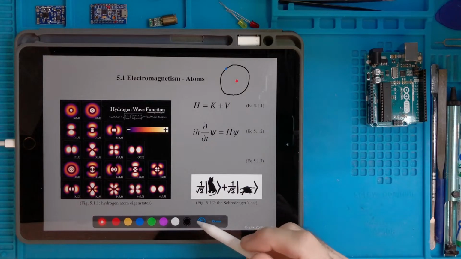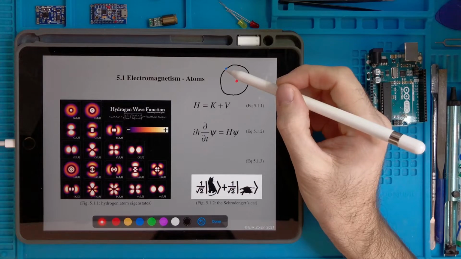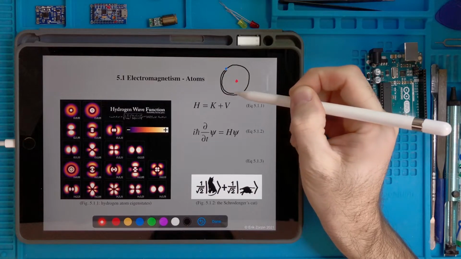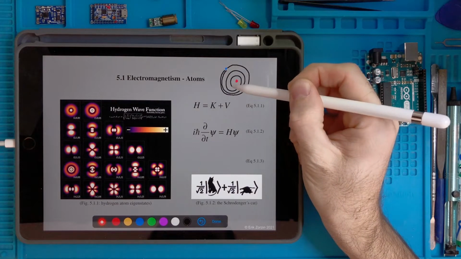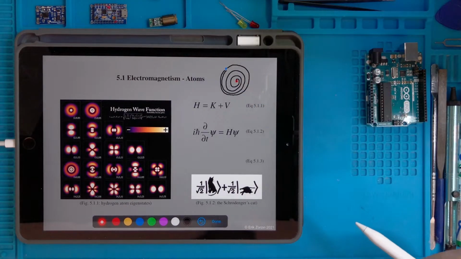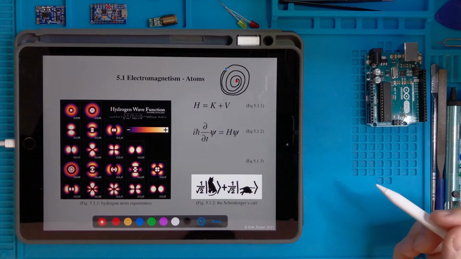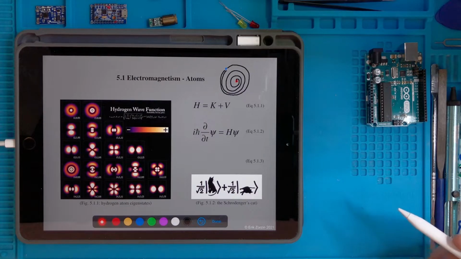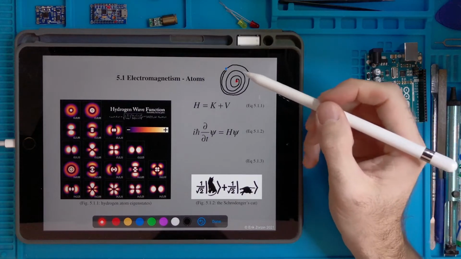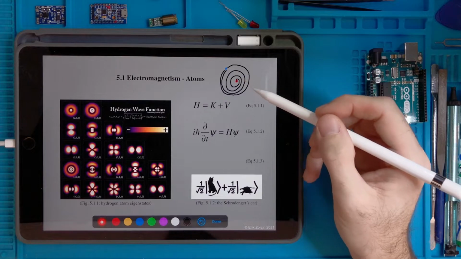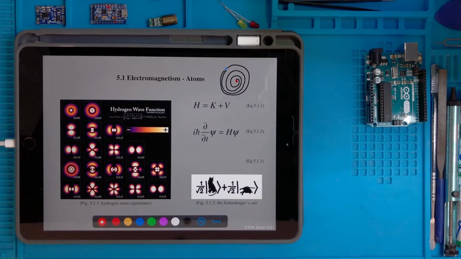The trajectory would start decaying like a spiral, and in the end the electron should fall on the nucleus. This means all the matter as we see it should not exist, because if you compute this decay time, it is very, very short, and this obviously contradicts our experience. So this model can't be right.